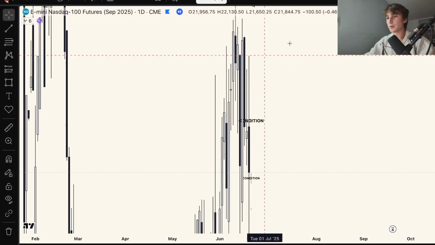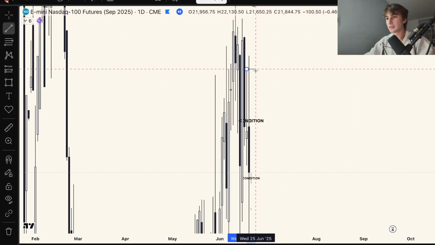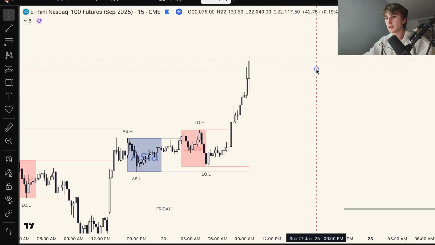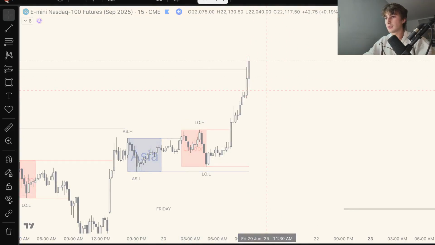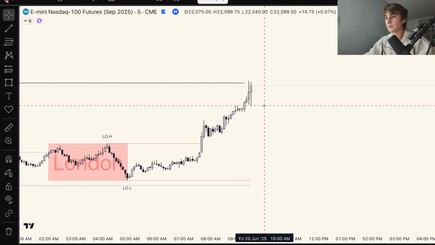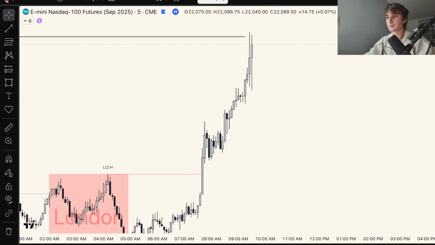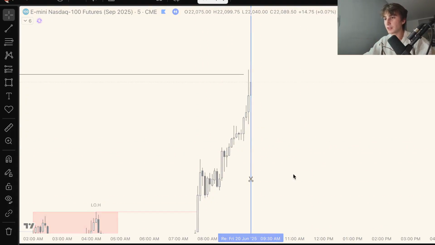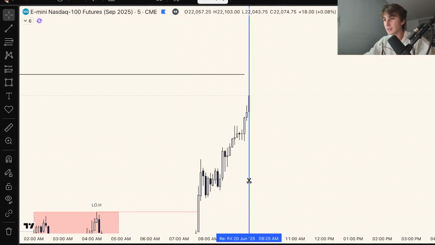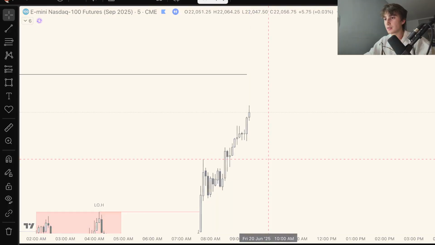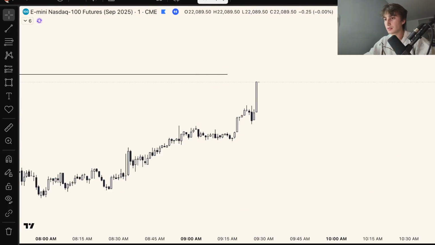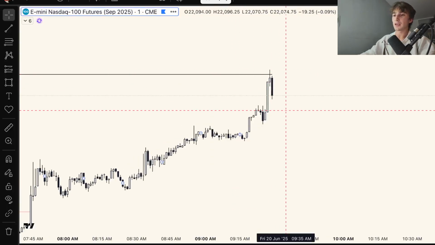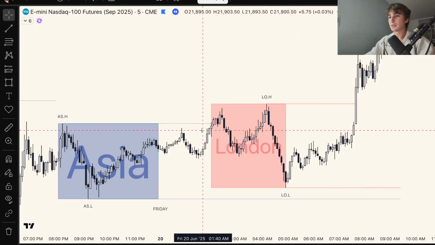Seems like the previous day already got ran, but I want to see in case it hadn't. Did it give an entry here towards previous day high? Doesn't look like it gave an entry anyways. Okay, but those 5-minute conditions, man, they're just so powerful.